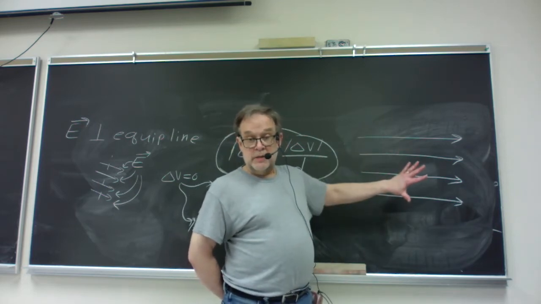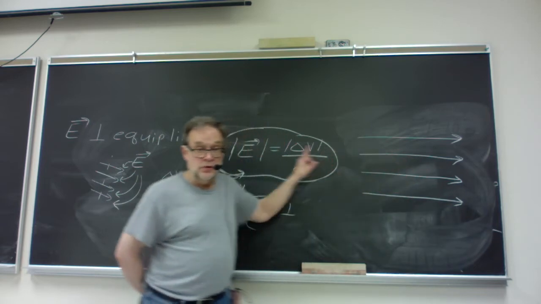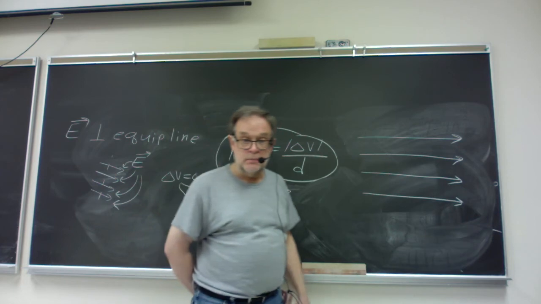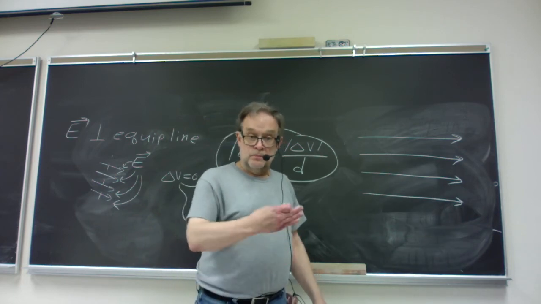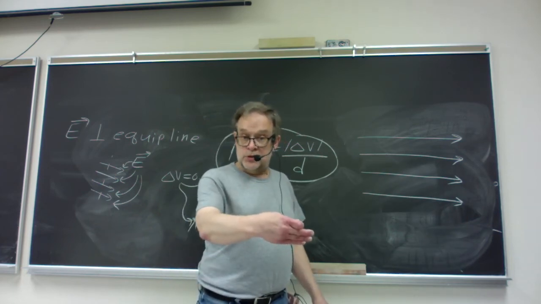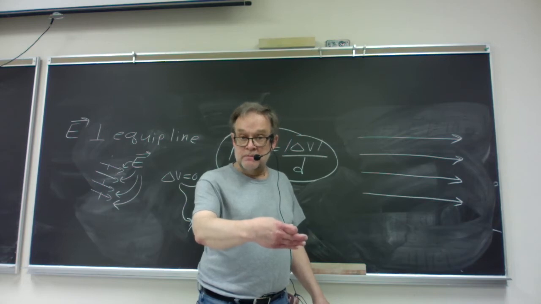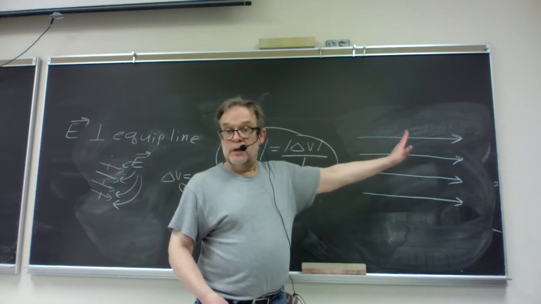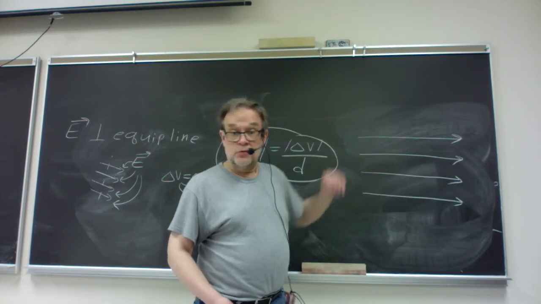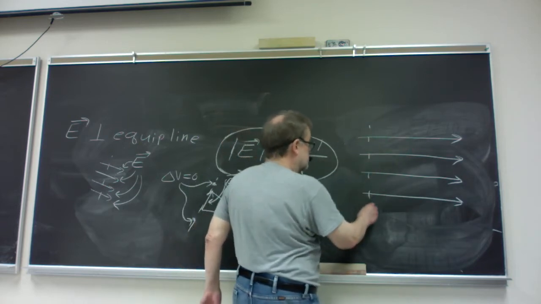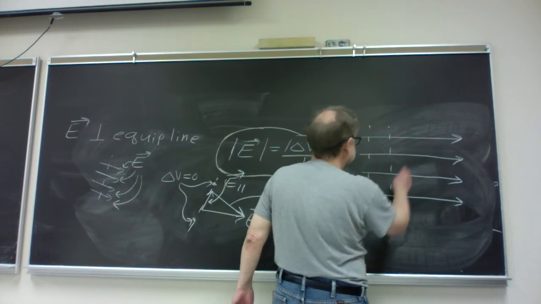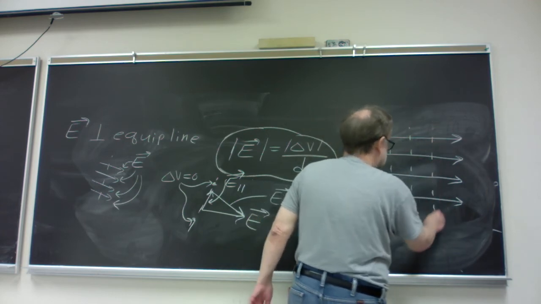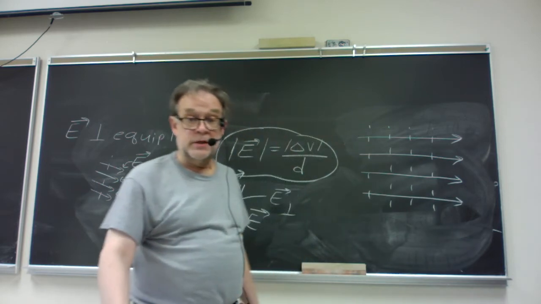So in this region of space, there is electric field, which means there are potential differences between points. So you could draw a bunch of equipotential lines representing different potentials. But remember, equipotential lines are always perpendicular to the field. So in this case, the equipotential lines would have to be perpendicular to the field lines.